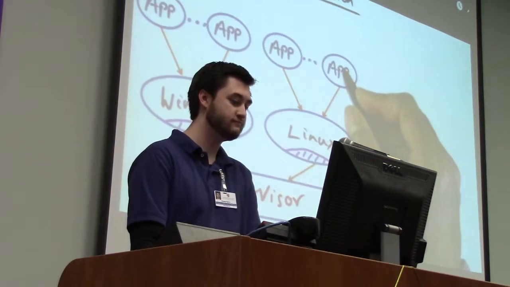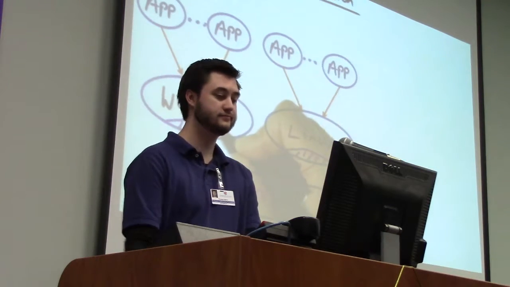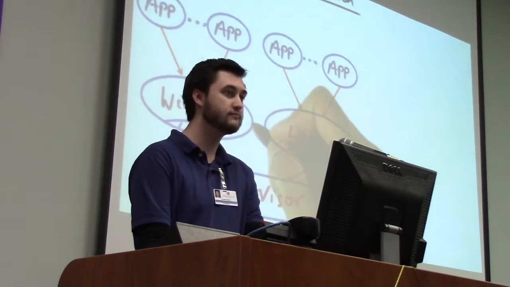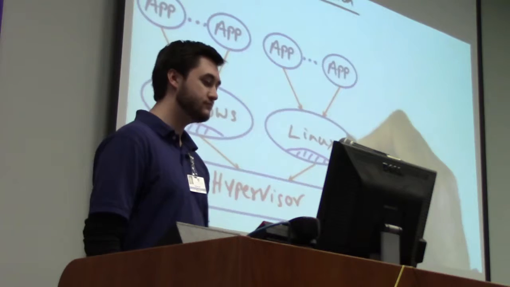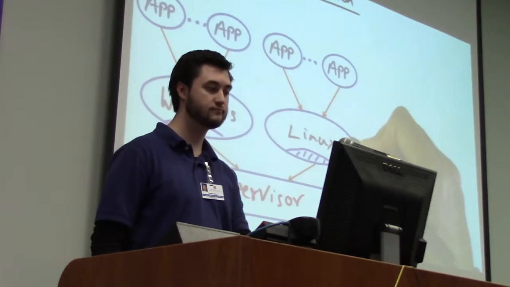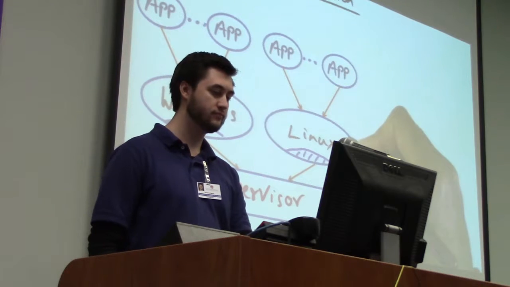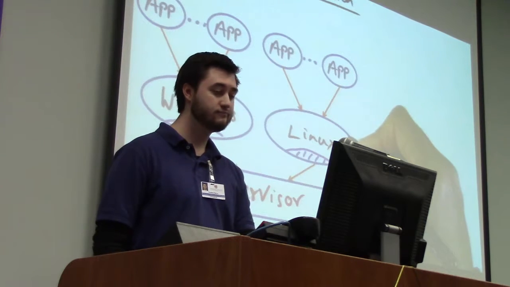Another approach to virtualization is to modify the source code of the guest operating system. If we can do that, not only can we avoid problematic instructions, as I mentioned earlier with full virtualization, but we can also include optimizations.